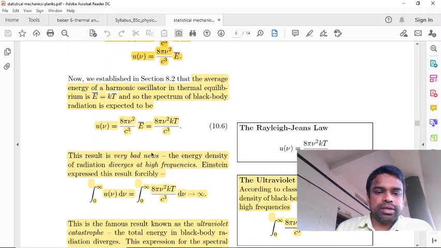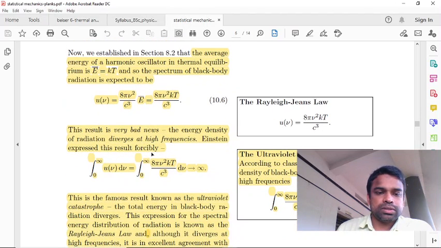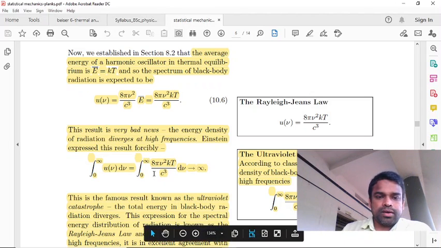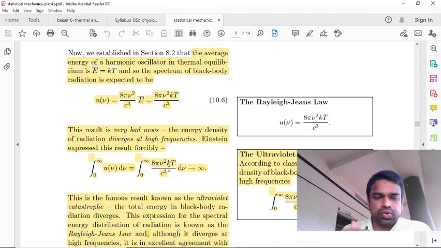The result is very bad news since the energy density diverges at high frequencies. That is, if we integrate the frequency from 0 to infinity, or if the frequency goes to infinity, we can see that this energy density also goes to infinity, that is diverges.